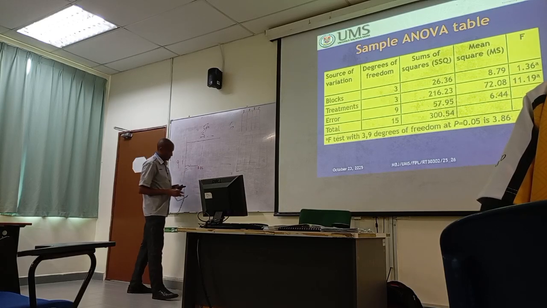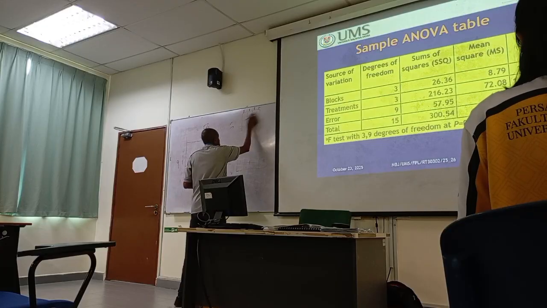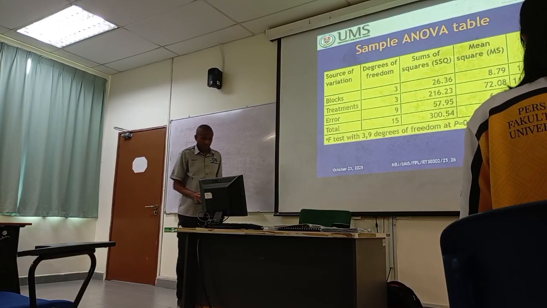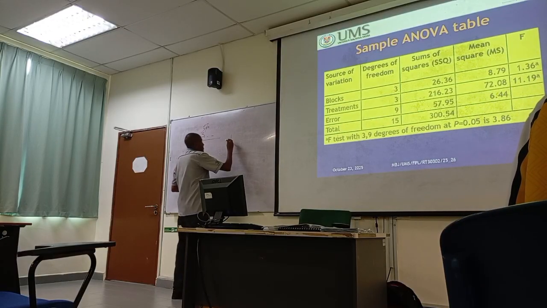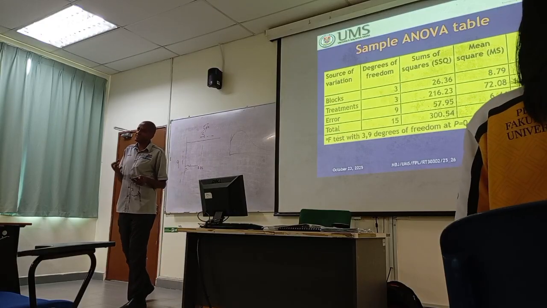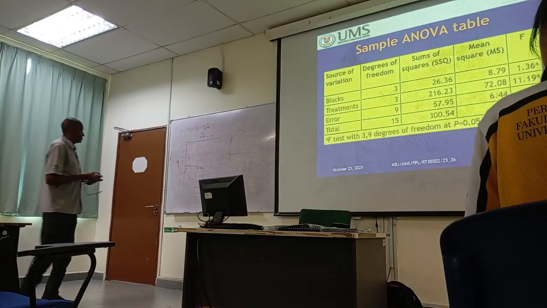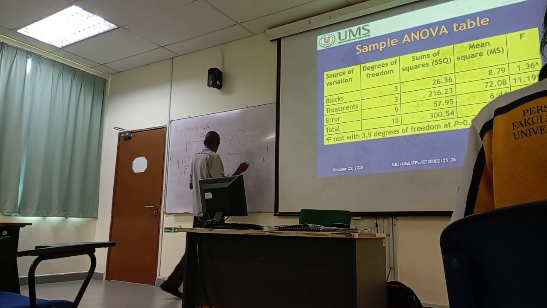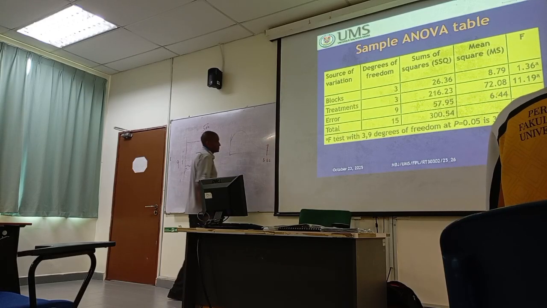3.86. Now you use that number to draw your F curve. Use this number to draw your F curve, so make your decision easy. Don't try to remember if F value is greater than this one. No, this is the easiest way. 3.86 is our critical point.